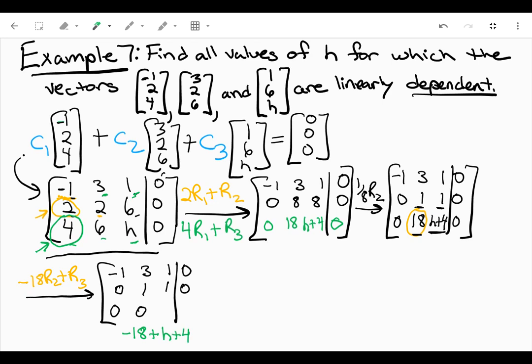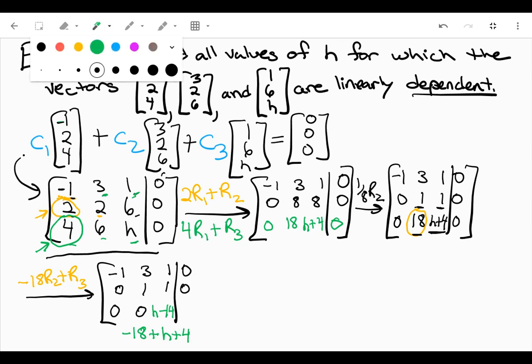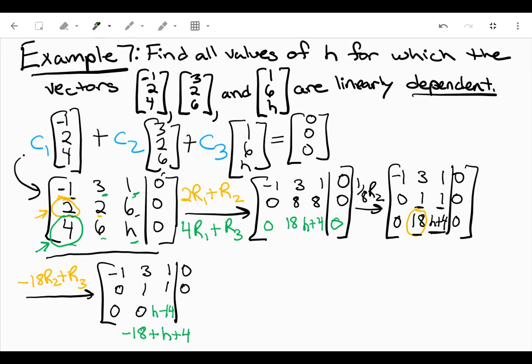So when you combine that, that's h plus 14, right? No, h minus 14. My mistake. H minus 14. And then 0 in this last position because it's 0 plus 0 still. That last column's just going to stay zeros the whole time.